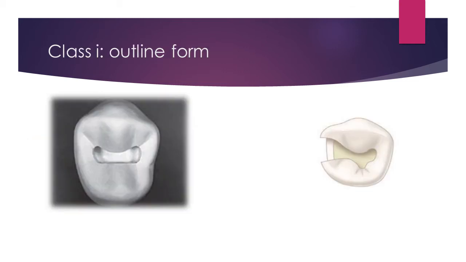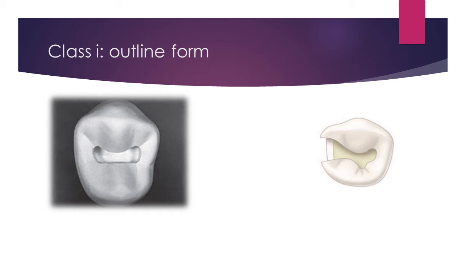Now the same G.V. Black principles apply here for Class 2 and in the same order. The first one I will start with is outline form. Here I have a Class 1 and boxes. So for Class 1, I mentioned in the last lecture the width of the cavity should be 1/4 intercuspal distance, depth of the cavity 1.5 to 2 millimeters.